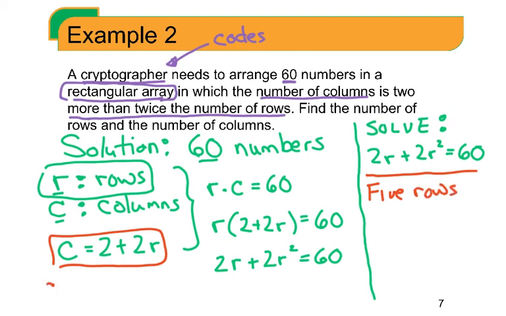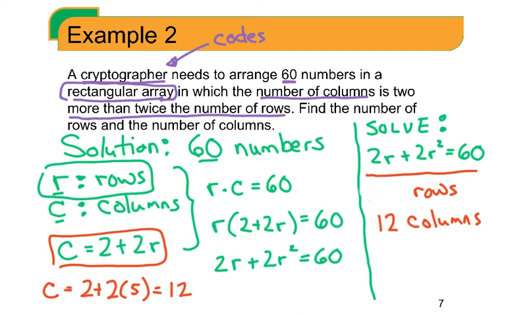Well, C equals 2 plus 2 times the number of rows, which is 5. So C is 2 plus 10. That's 12 columns. 5 rows and 12 columns. And that would give me 60 if I multiplied them together.